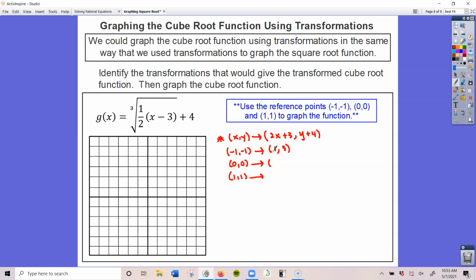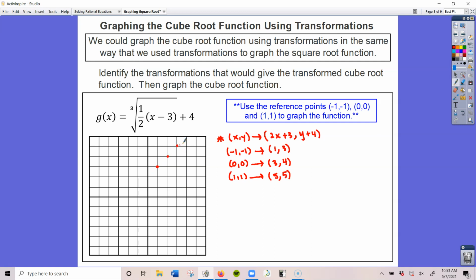Now we plug in 0, 0. 2 times 0 is 0, plus 3 is 3. 0 plus 4 is 4. And finally, when you plug in 1, 1, 2 times 1 is 2, plus 3 is 5. And 1 plus 4 is 5. So we're going to plot these 3 points: 1, 3, 3, 4, and 5, 5.